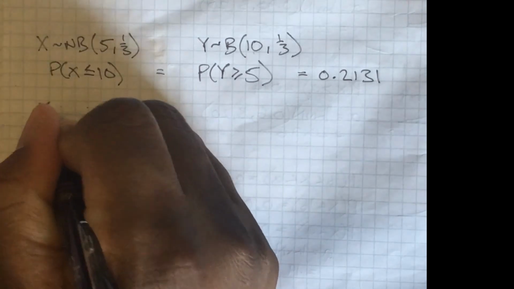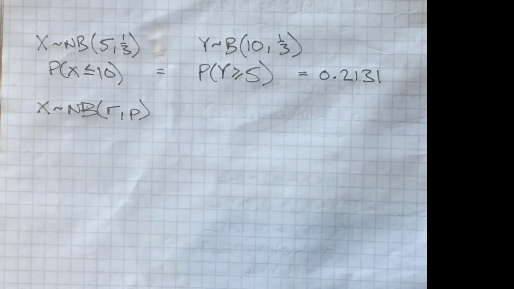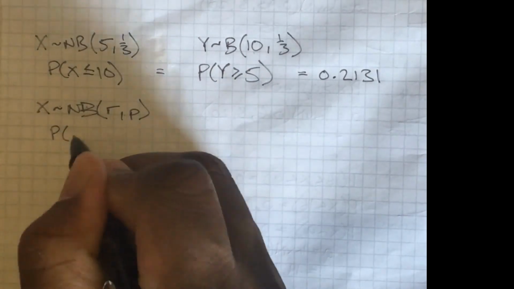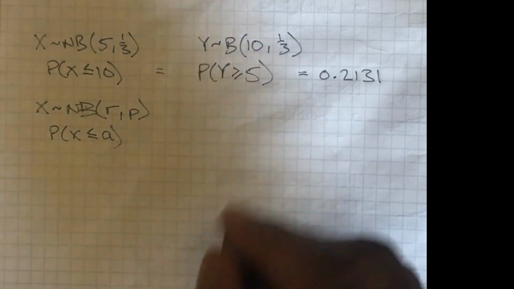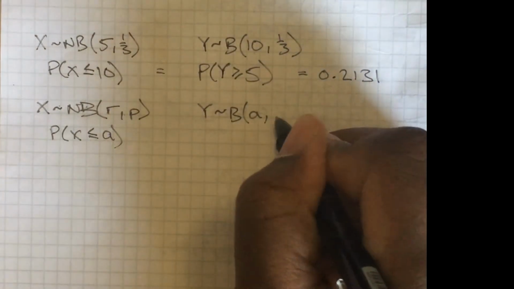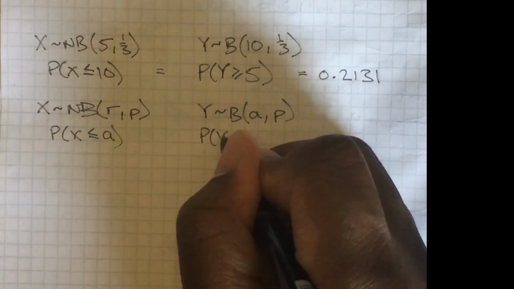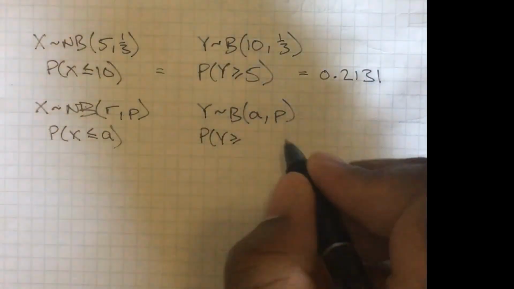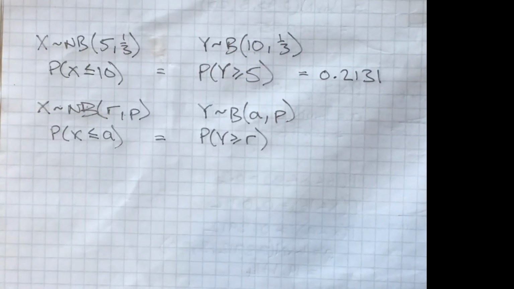Okay, so if you like, I can generalize that for you and just say for any negative binomial distribution with parameters r and p, the probability that x is less than or equal to a is going to equal the relevant binomial distribution where the n value is a, p is the same p, and we're looking for the probability that y is greater than or equal to r.